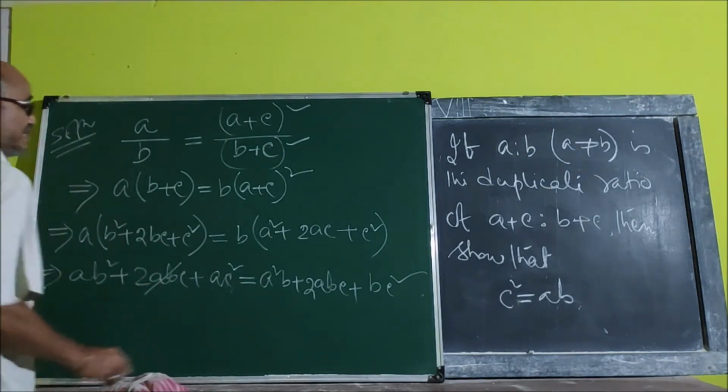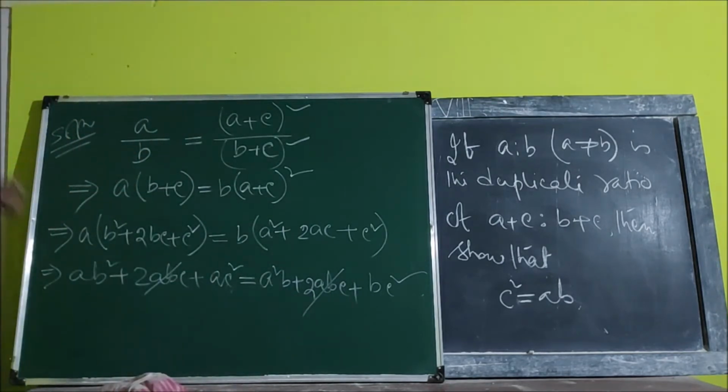Left hand side has twice ABC, right hand side has twice ABC.